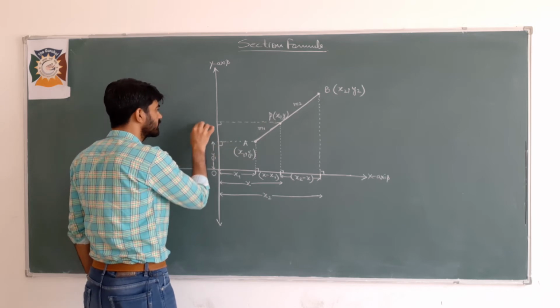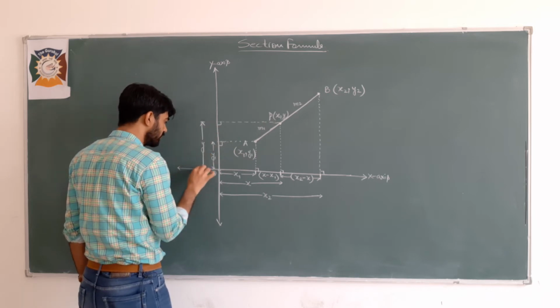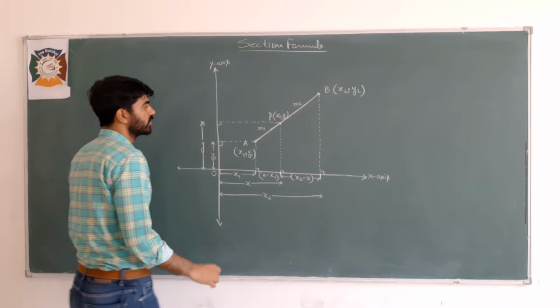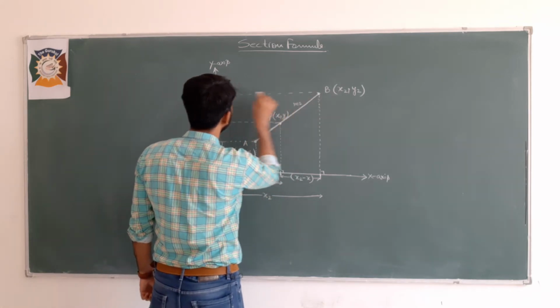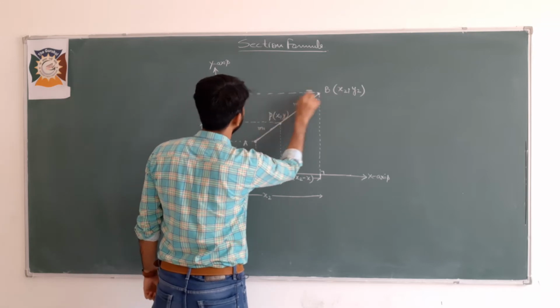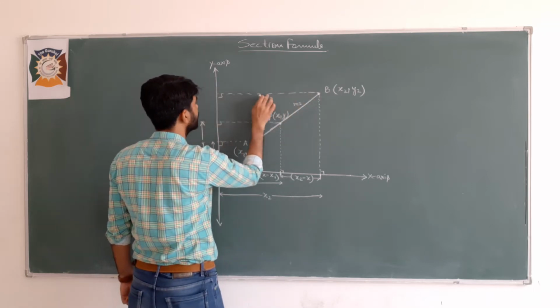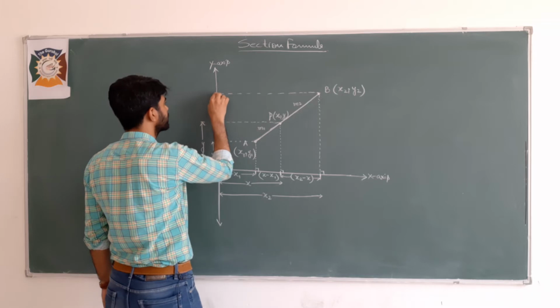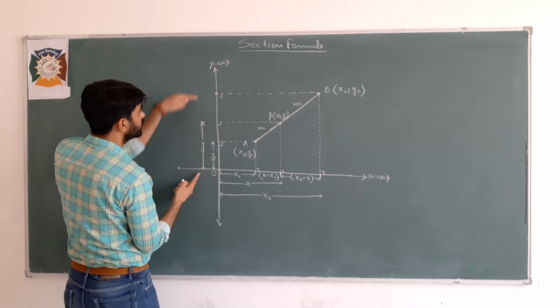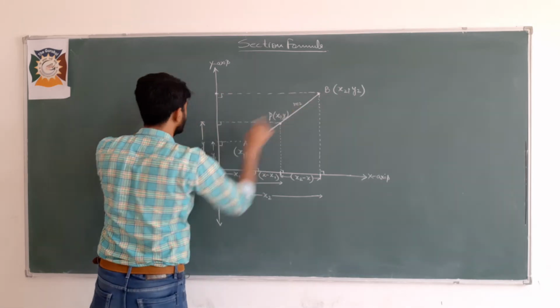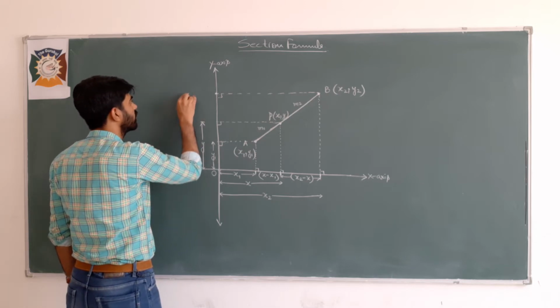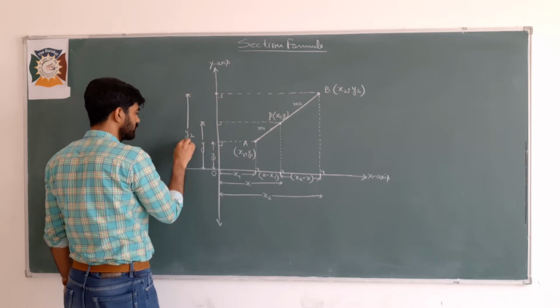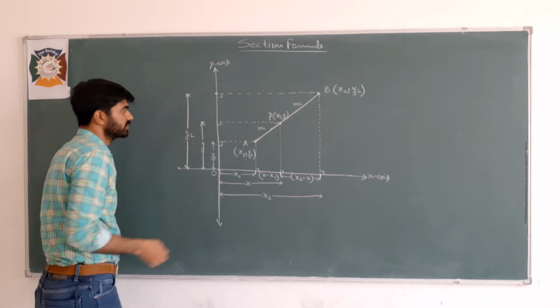Then from point B, if I draw a perpendicular, the total distance will be y2, from this to this.